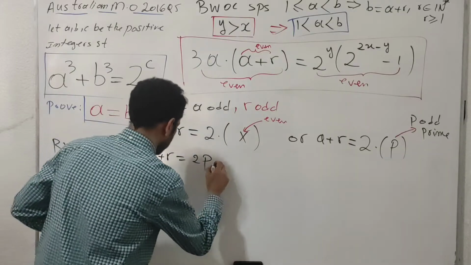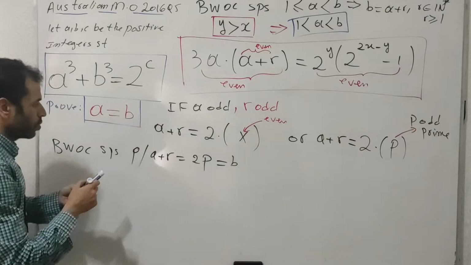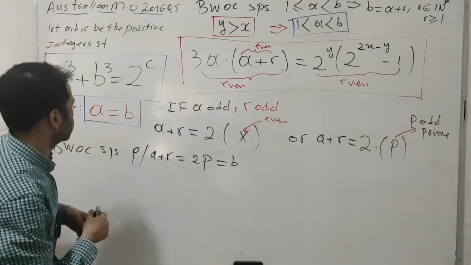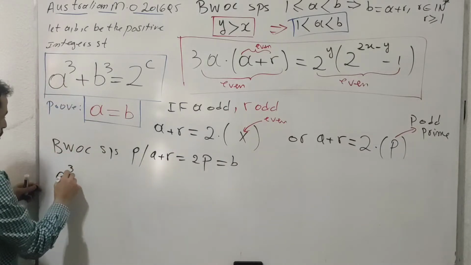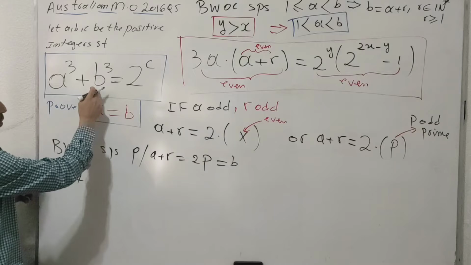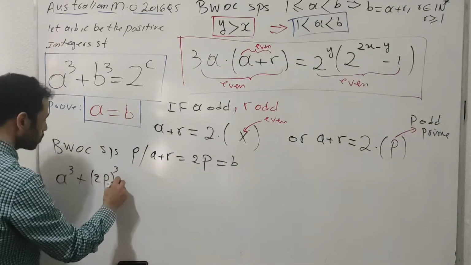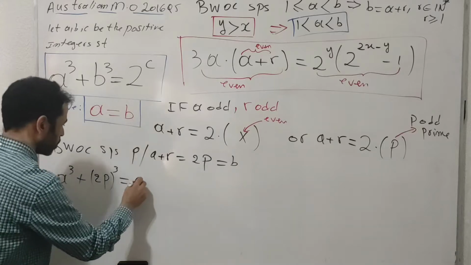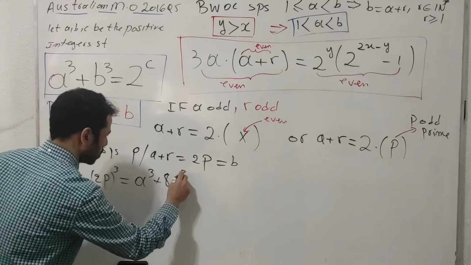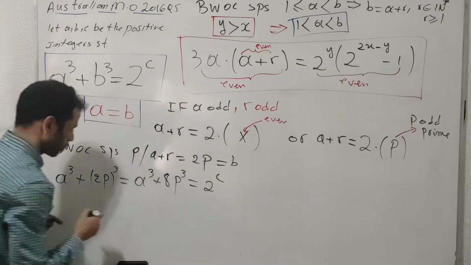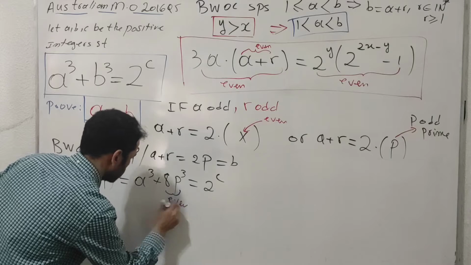Okay, at the same time A plus R equals 2P equals B. Now I'm going to take this value and insert it into the original equation. So we'll have A cubed plus B cubed, where B is replaced with 2P, cubed. A cubed stays as A cubed. This one is given as 8P cubed equals 2 to the C. As we know, this is even, but this is odd.